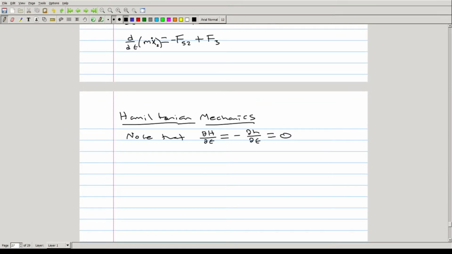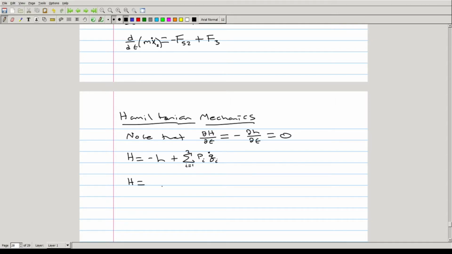And so the Hamiltonian is negative the Lagrangian plus the summation i equals 1 to 2 of the ith generalized momenta times the ith generalized velocity.